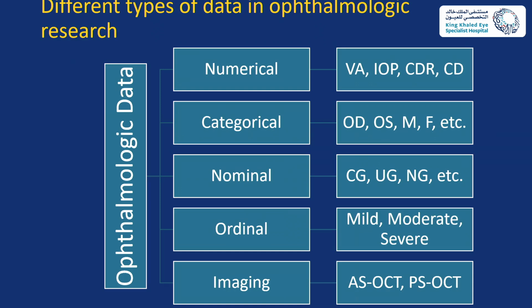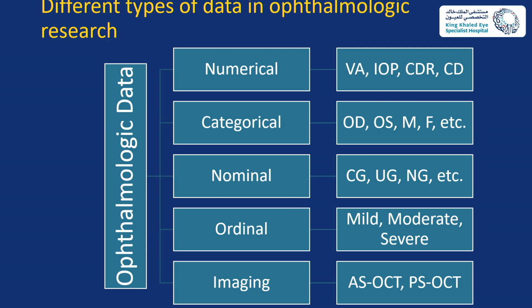Ophthalmologic data are usually either numerical, like the visual acuity, the IOP, the cup disc ratio, and so on, or categorical, such as right eye, left eye, male, female. We need to distinguish this from nominal data, which is not categorical in the same sense, such as the different subtypes of glaucoma, for example. Again, there is another type, which is ordinal, like when we say mild, moderate, severe. This is another type.